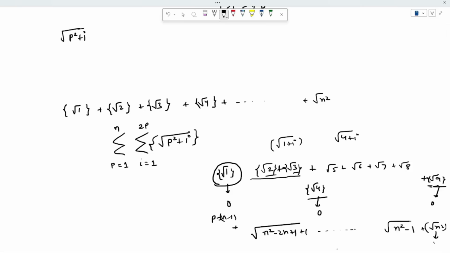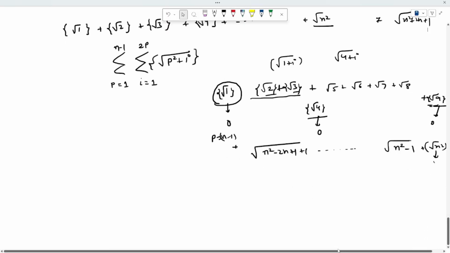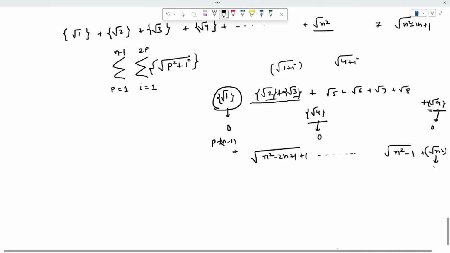So if we are going to the square root of n square, we need to put n minus 1 in place of n, because we are going just to n square. If we were going till n square plus 2n plus 1, then we would write n here. So this is our simplified expression.